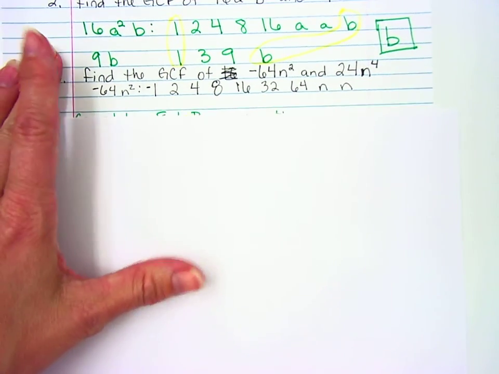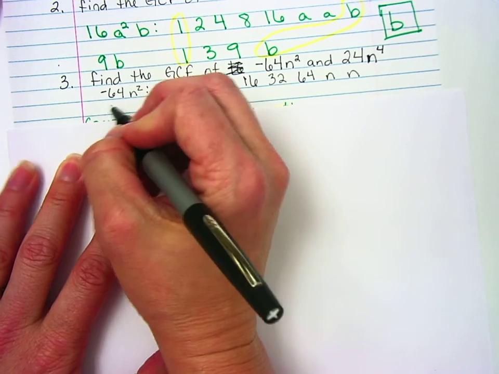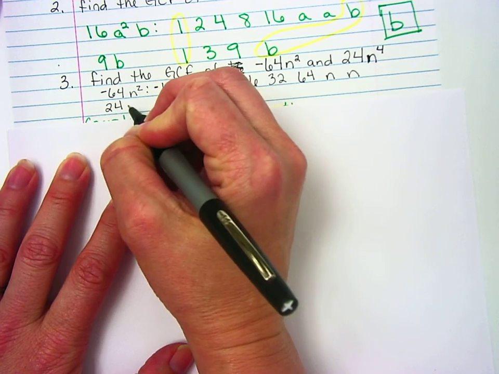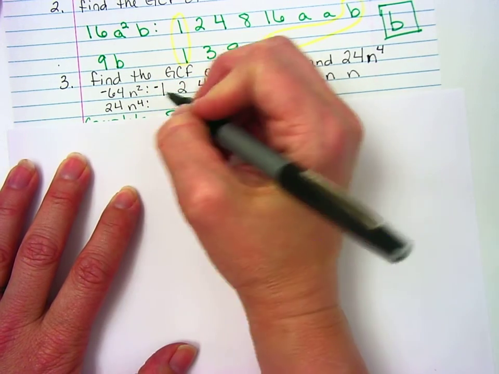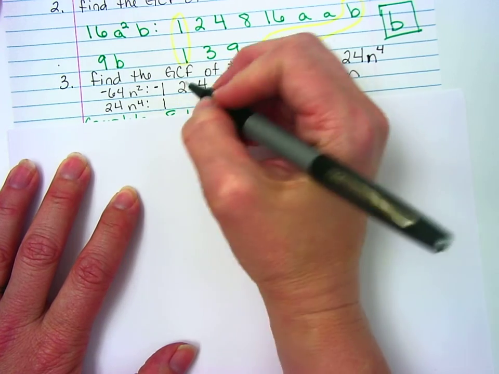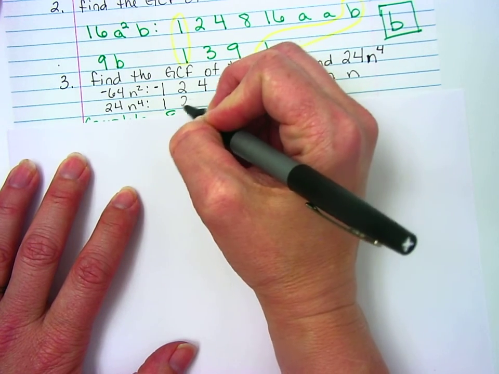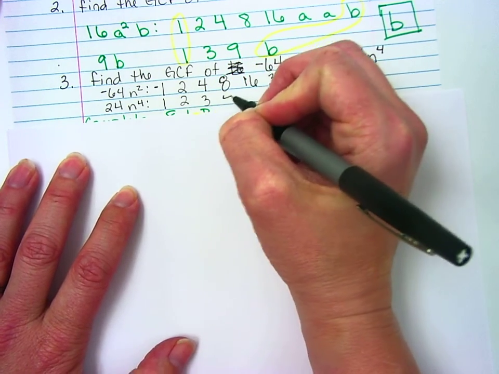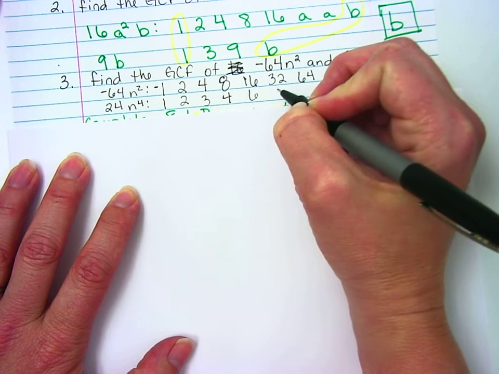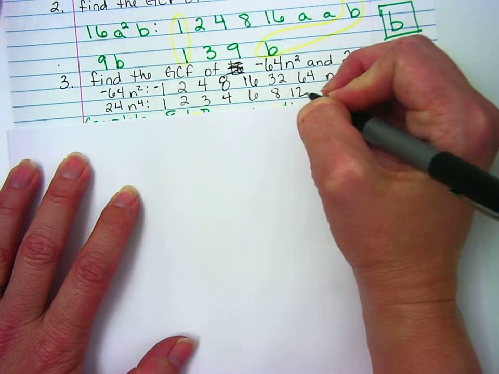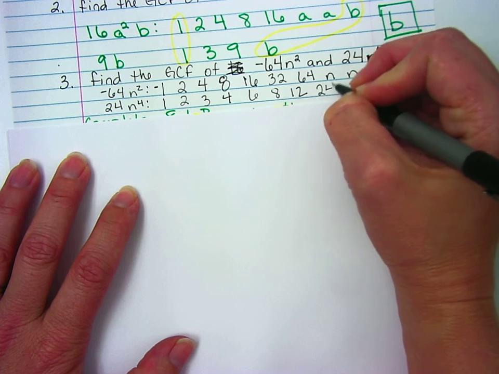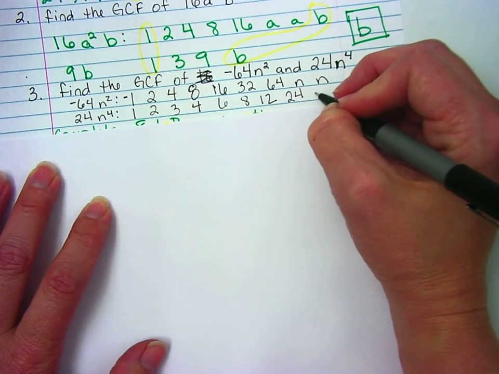Okay, let's go through 24 n to the power of 4. So we have 1, 2, 3, 4, 6, 8, 12, and 24. And 4 n's.